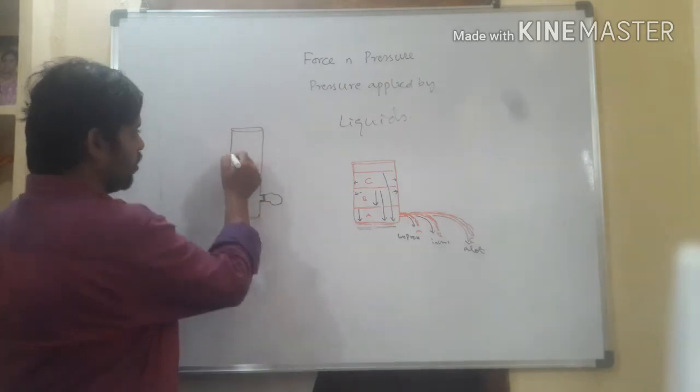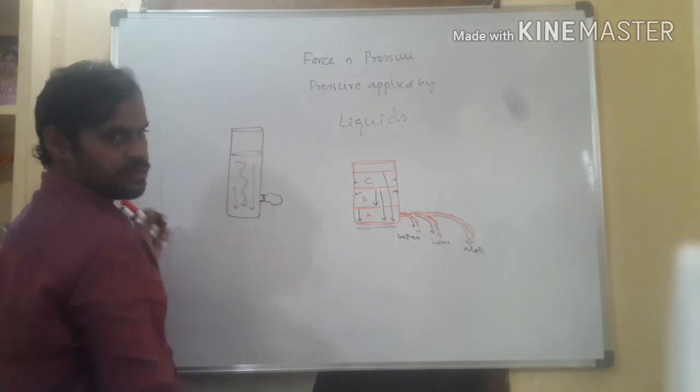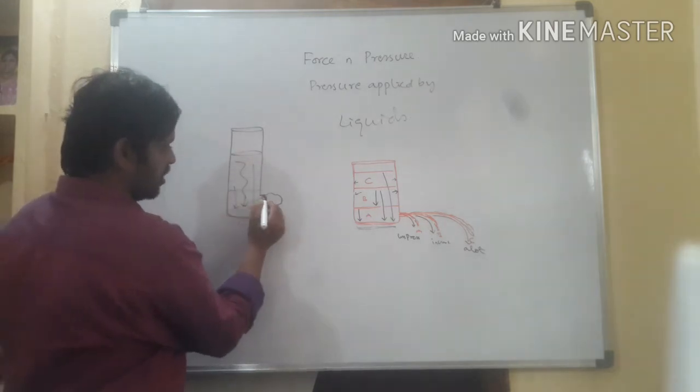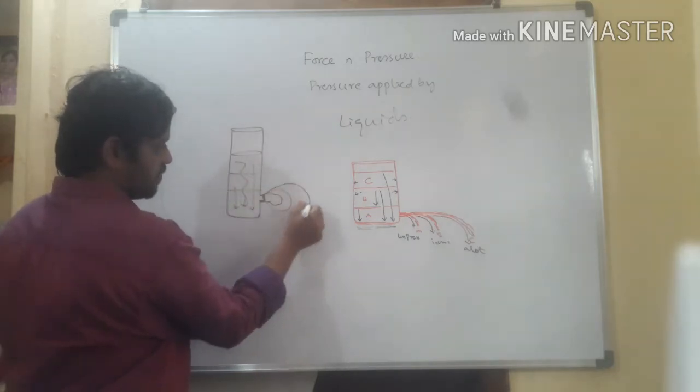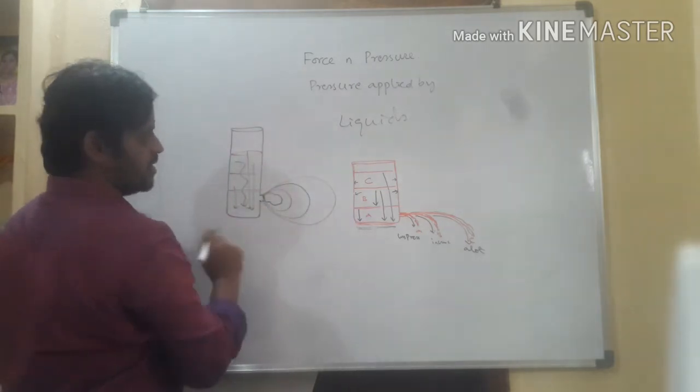Now when you pour water into this vessel, what happens? When you pour water up to here, it inflates somewhat, and when you increase it, it inflates more, and if you increase more and more, then it inflates like this.